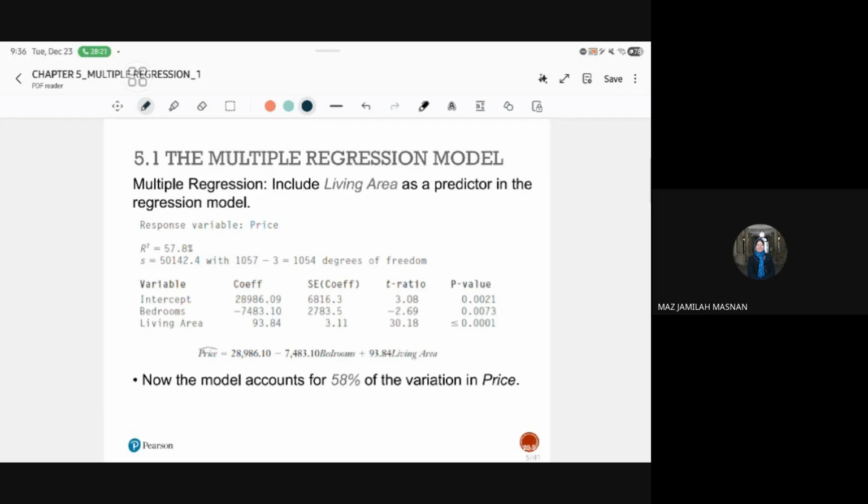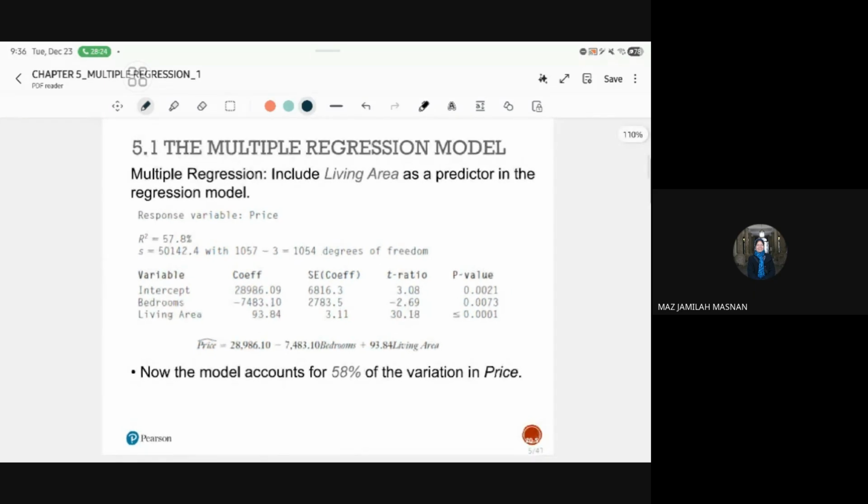This is what we call multiple regression, where Y is the home price, X1 is the number of bedrooms, and X2 is the new variable, which is living area, in whichever unit it is.